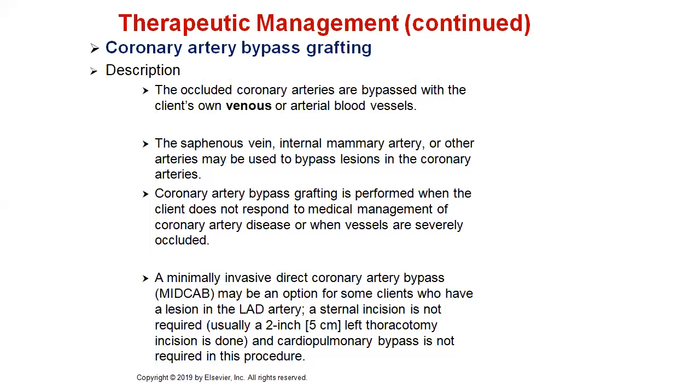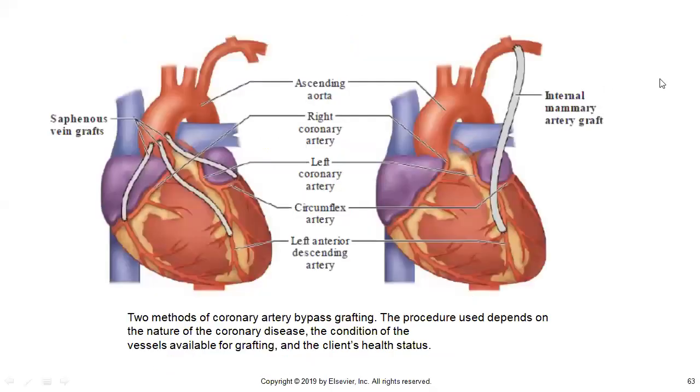For example, in this picture, this is the left coronary artery, and this is the right coronary artery.